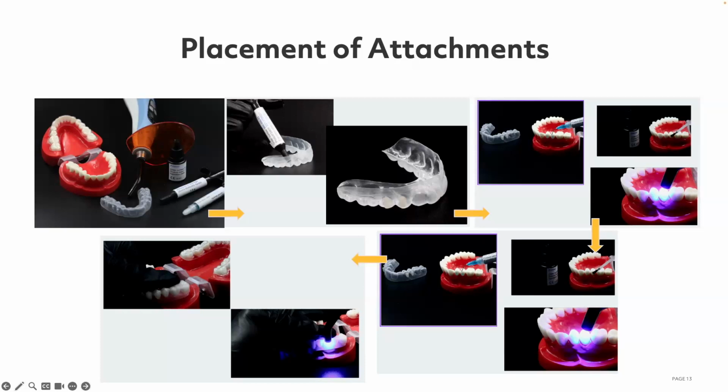Then we have acid, bonding material, primer, and light. The first tip that I have is to always clean your patient's teeth very carefully, very well, to avoid the attachment dropping out during the treatment plan. Then you can fill the template with enough material.